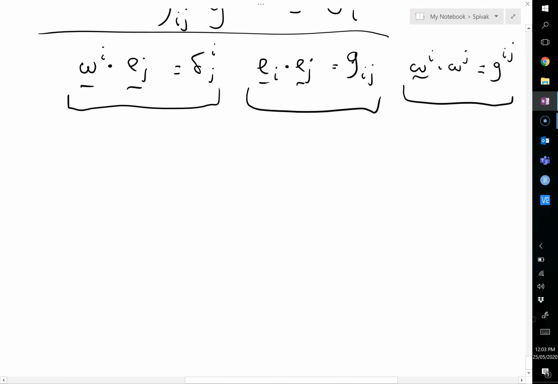Okay, let's start with this one. We've got omega i dot e_j equals delta ij, the Kronecker delta, with lots of space around it because I'm going to multiply it by various things. I'm going to multiply on the left by g_jk.